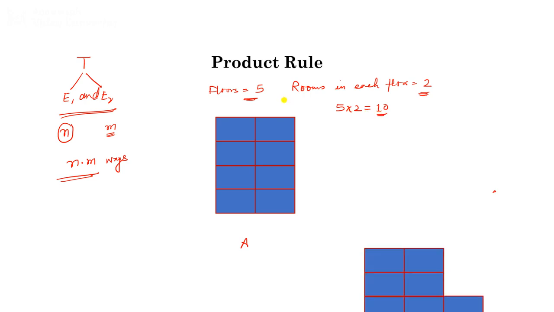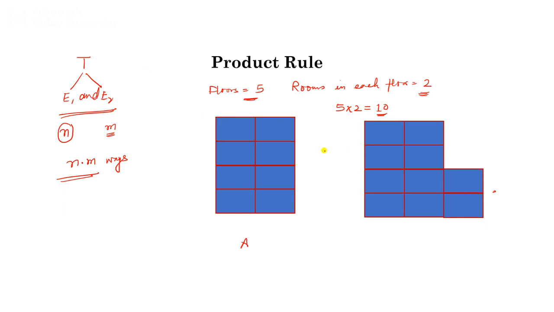Now if you consider the building like this, where in the first 2 floors 3 rooms are there, and in the last 2 floors 2 rooms are there.